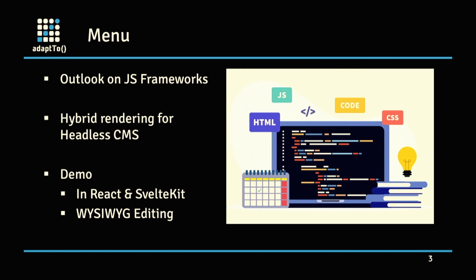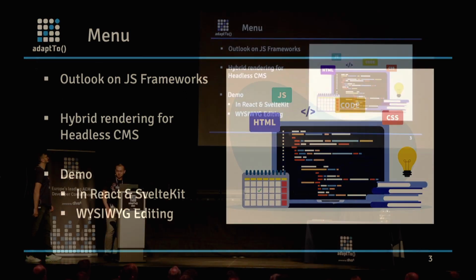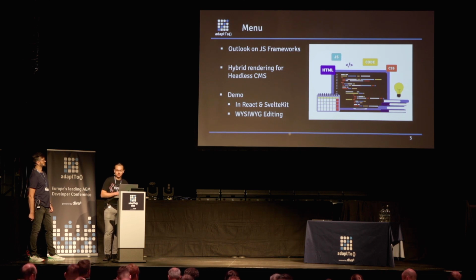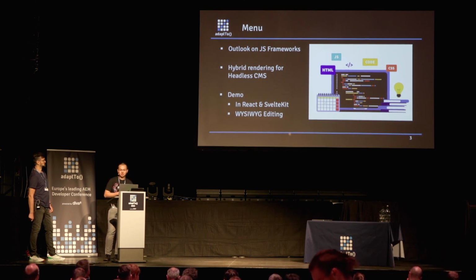Then let's have a look at the headless architecture that we observe, going from a full Java CMS on the JVM to a fully decoupled one on headless. Then we will deep dive into the hybrid rendering for headless CMS, uncovering its potential and benefits.